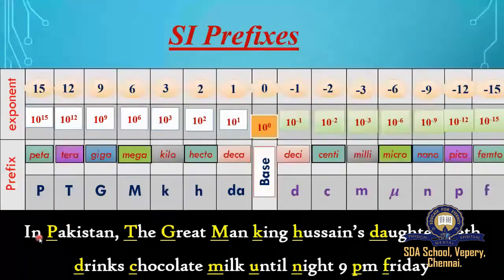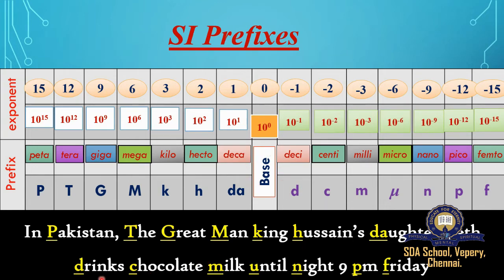For example, in Pakistan, this P refers to the prefix symbol peta. The T refers to tera. G refers to giga. Okay, so PTGM. So in Pakistan, the great man King Hussein's daughter Beth. Beth refers to nothing but the base.